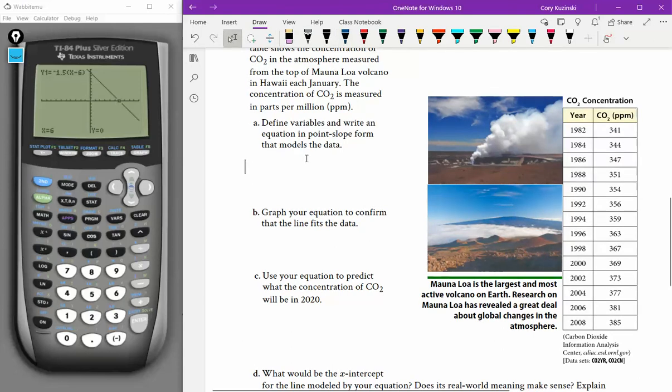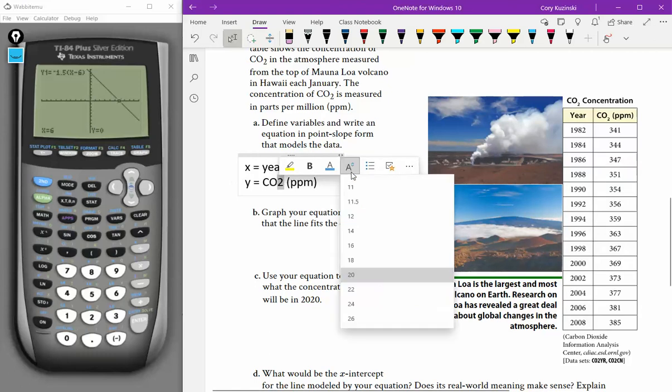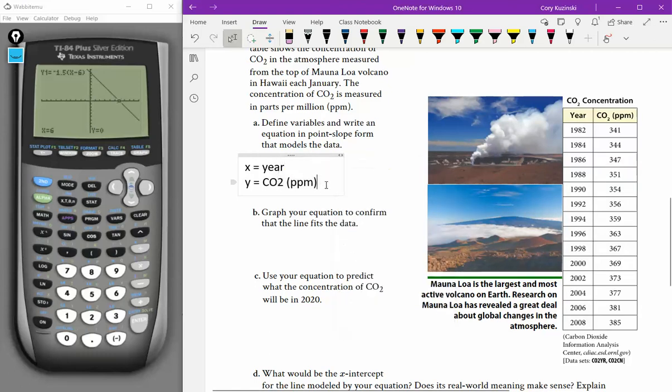All right, so our independent, or x, is going to be the year, and y is going to be the CO2 in parts per million. We won't worry about the subscript.